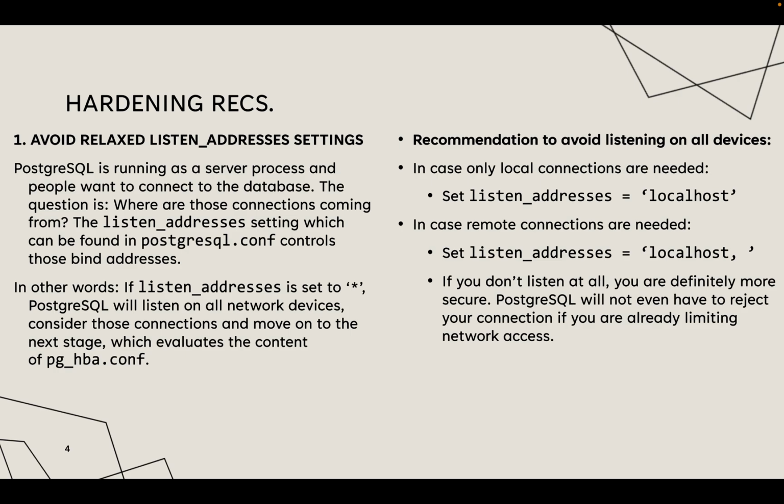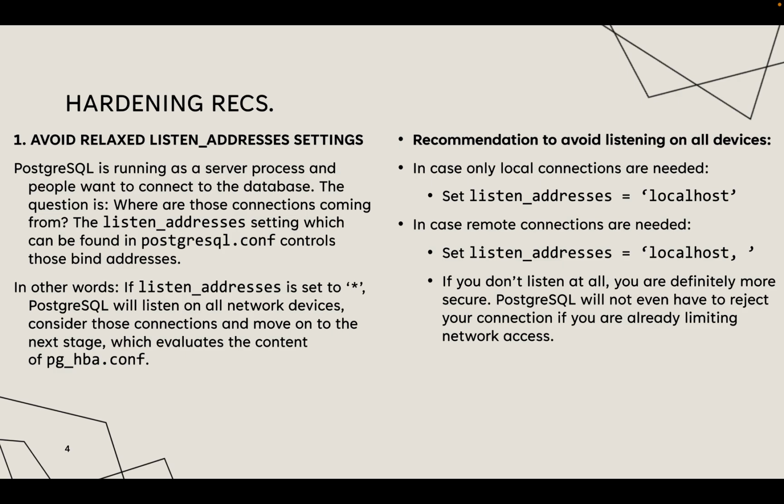The listening address setting, which can be found in PostgreSQL, controls those binding addresses. In other words, if listen addresses is set to an asterisk, PostgreSQL will listen on all network devices, consider those connections, and move on to the next stage.